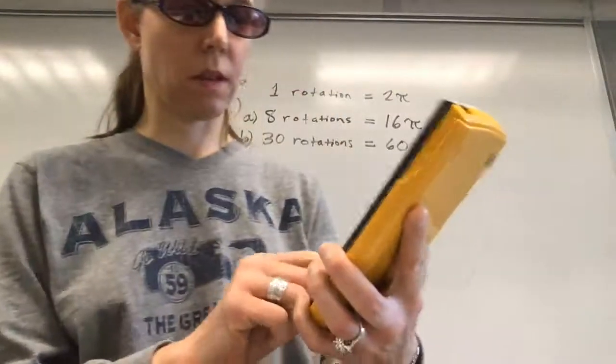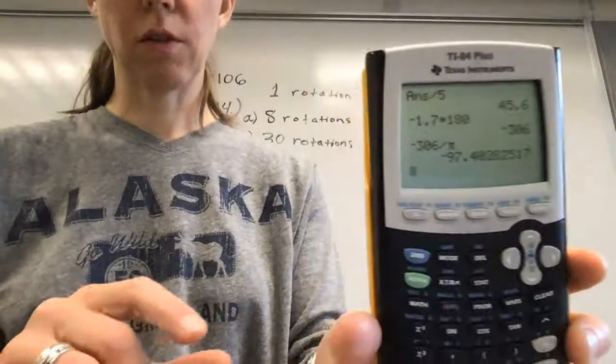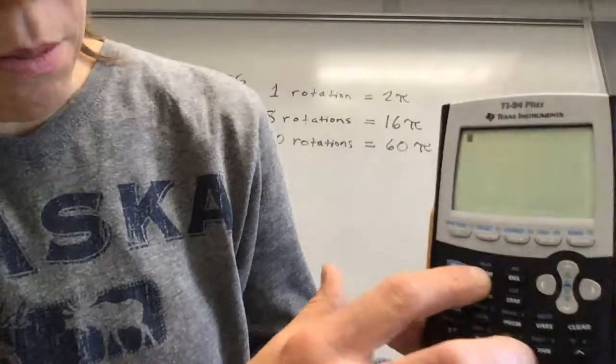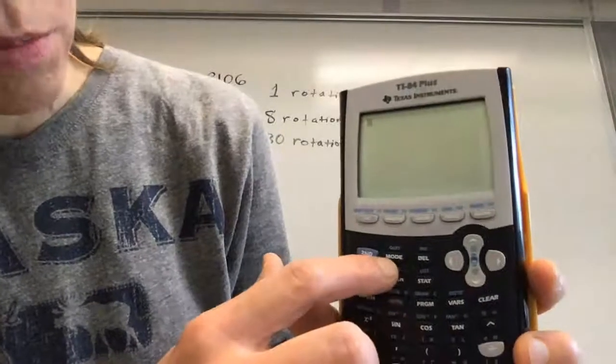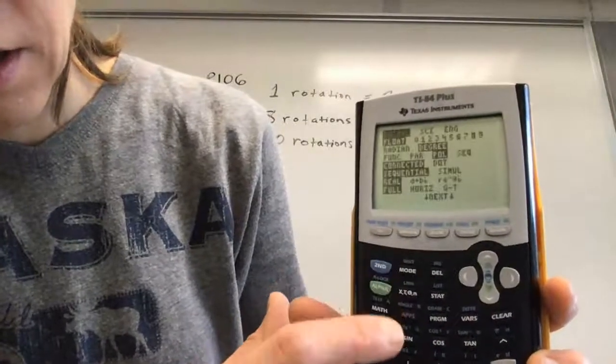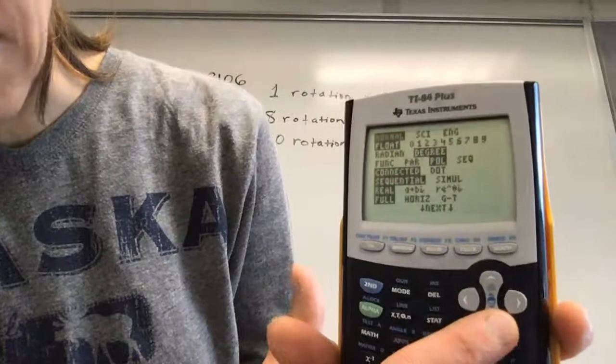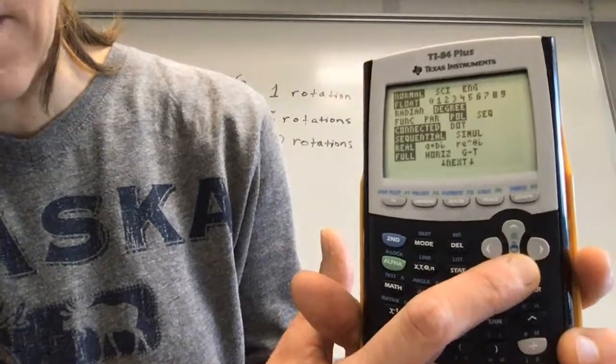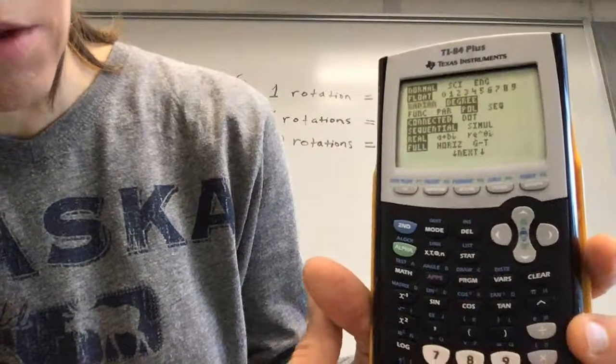Okay. So for your calculator, you need to find, let me clear this, you need to find the mode button. Alright? The mode button is right here. And in the mode button, you want to work down until you see radians. So I'm going down to radians, and then I'm going to push enter.